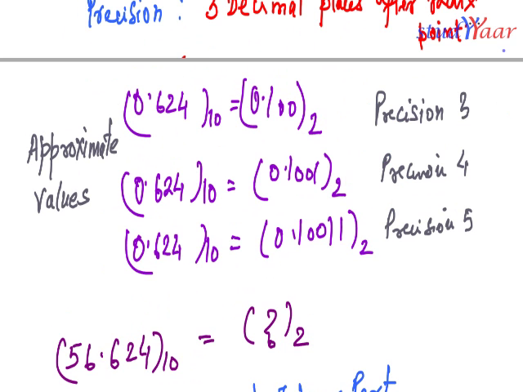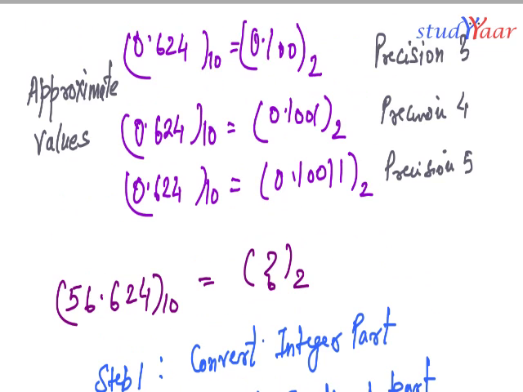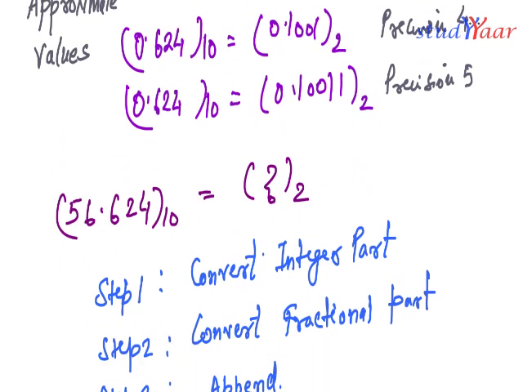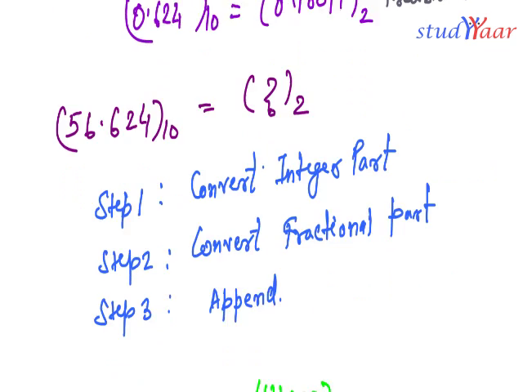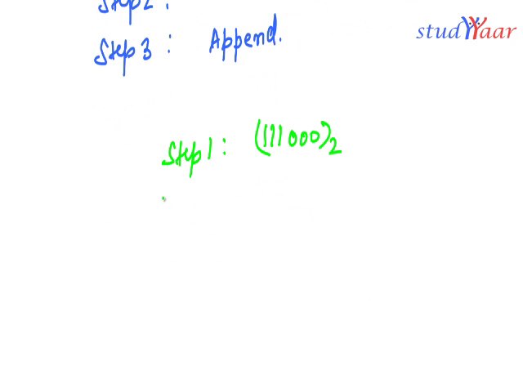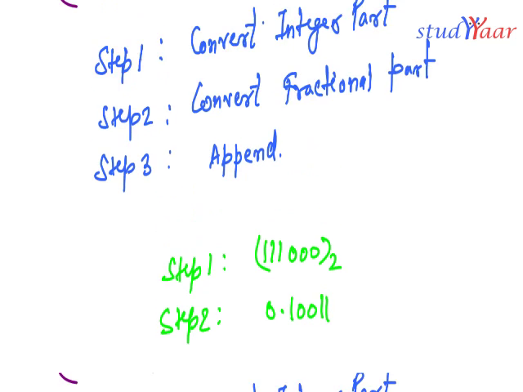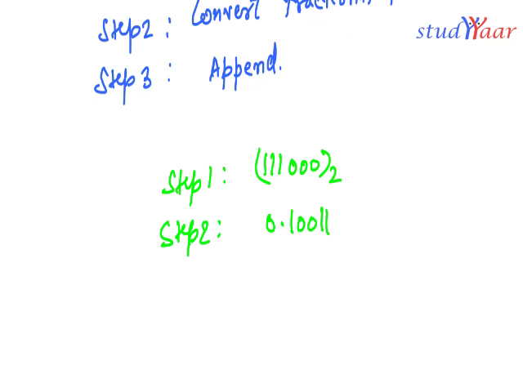Let's suppose I want precision up to 5 decimal places. I'm going to write it as 0.10011. Okay, my step 2 is 0.10011.